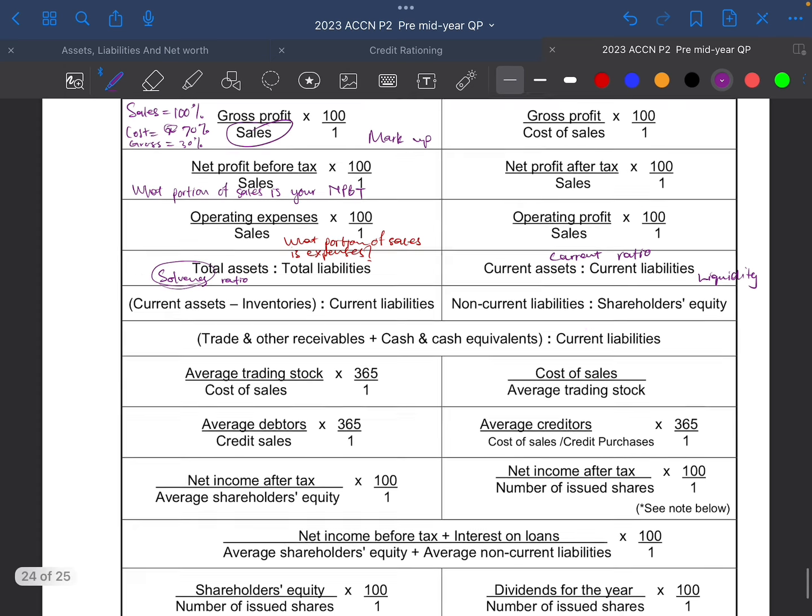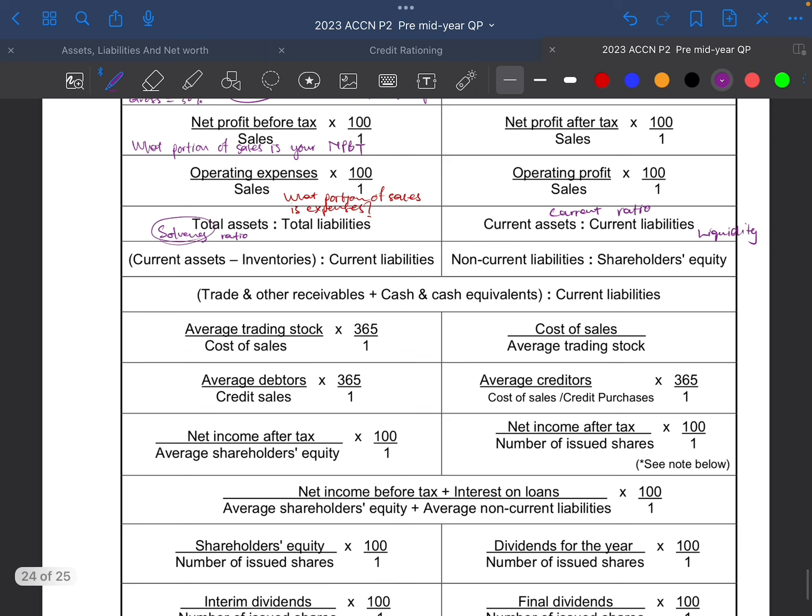All right, now current assets minus inventories over current liabilities. This one is what we call the acid test ratio.